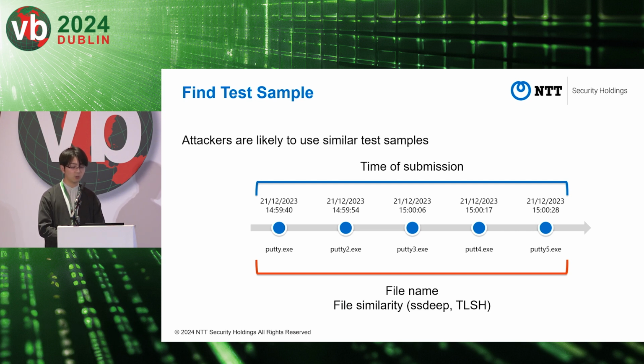By investigating whether files with the same software but different signatures have been submitted, we can use file names and file similarities such as SSDEEP and TLSH. In this way, it is certainly possible to discover previously unknown test samples.